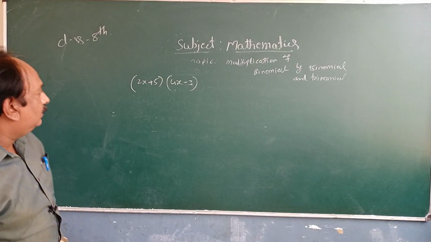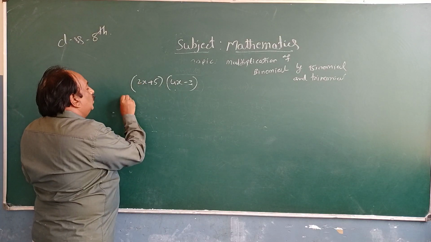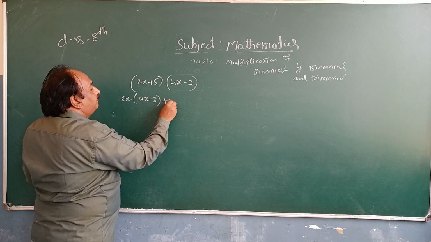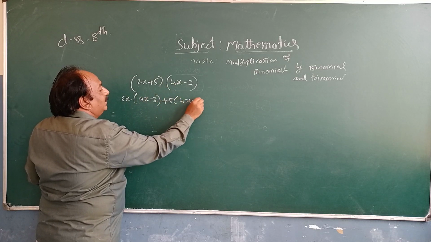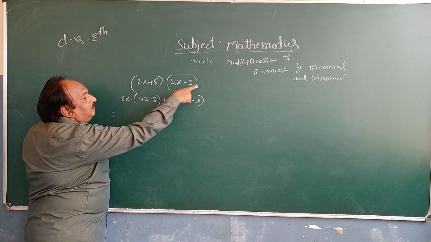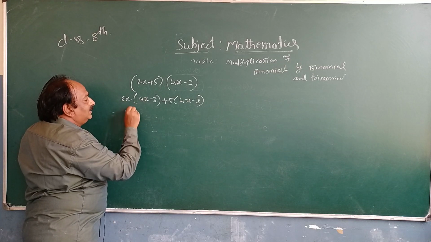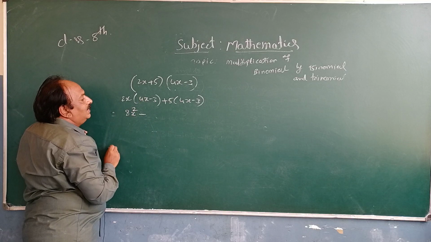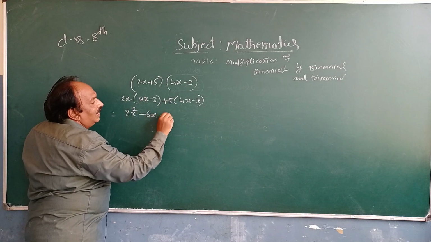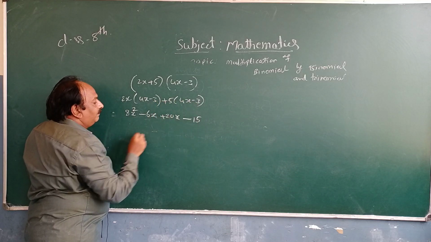This is multiplication of binomial by binomial. 2x into 4x minus 3, plus 5 into 4x minus 3. 4 2s are 8, x into x, x square. Plus into minus, 3 2s are 6x. 5 4s are 20x. Plus into minus, 5 3s are 15.